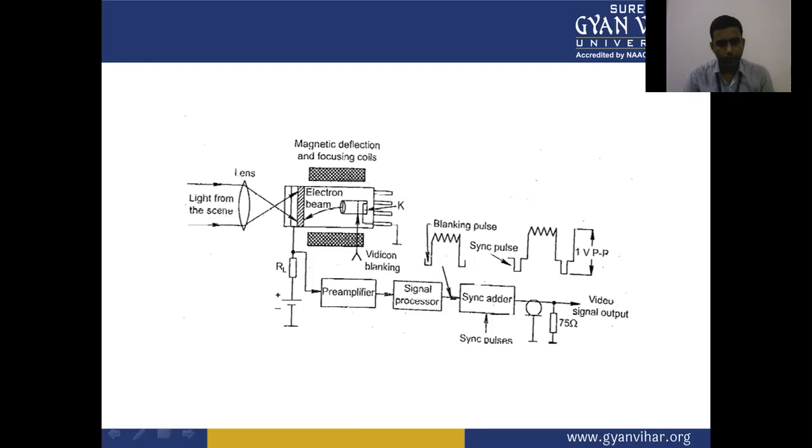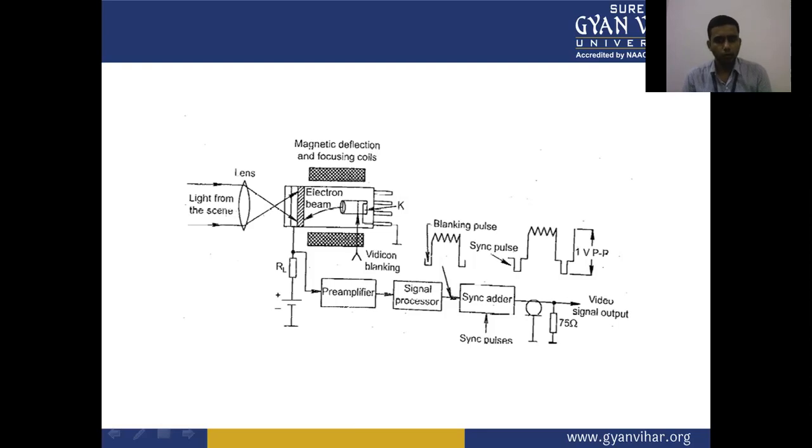Correspondingly an electrical signal is developed. The Vidicon type of camera tube is generally used to convert the image into the electrical signal.